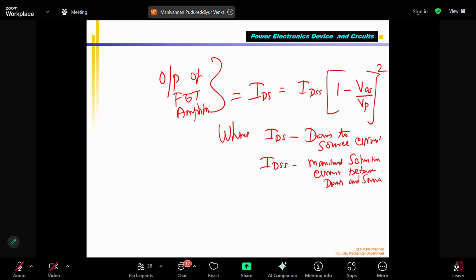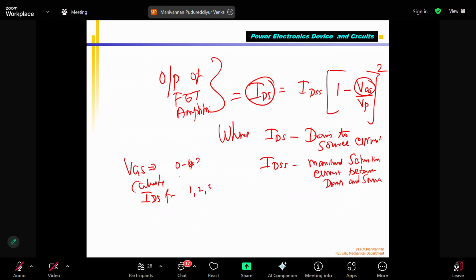For example, if you are asked to compute the IDS for different values of VGS. Okay, I say that VGS is varied from 0 to say 4 volts. Correct? So calculate IDS for 1 volt, 2 volts, and say 3 volts.